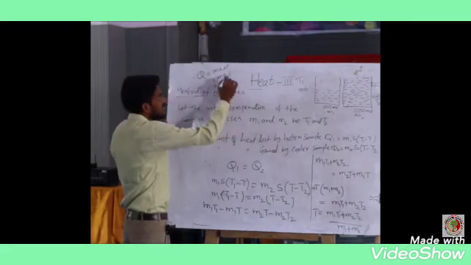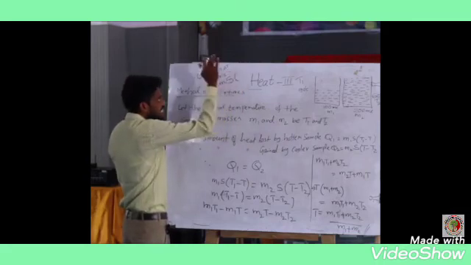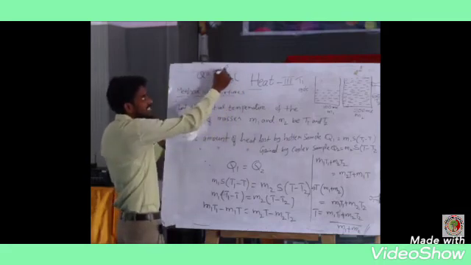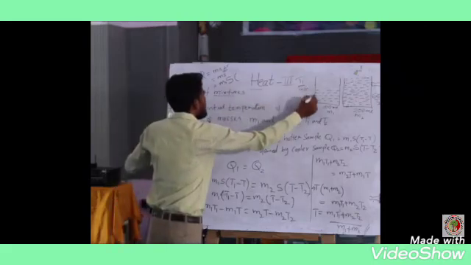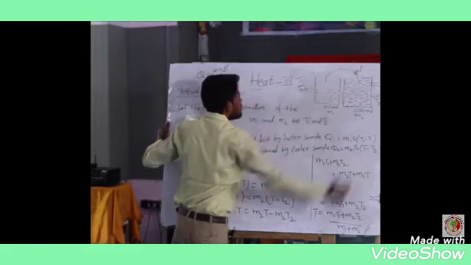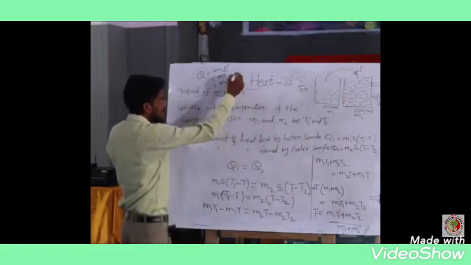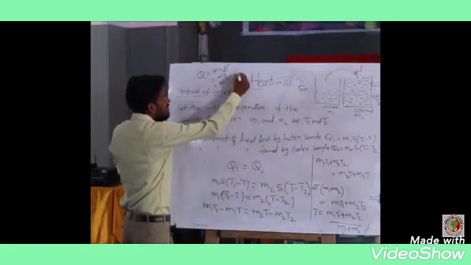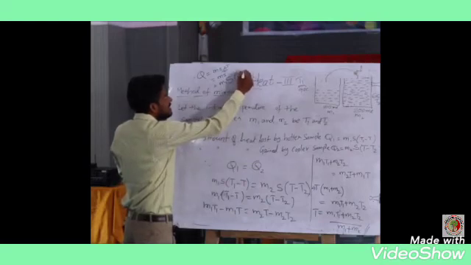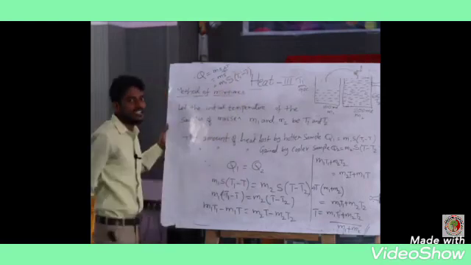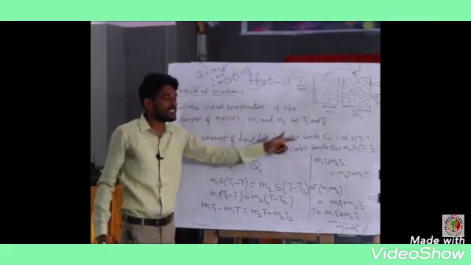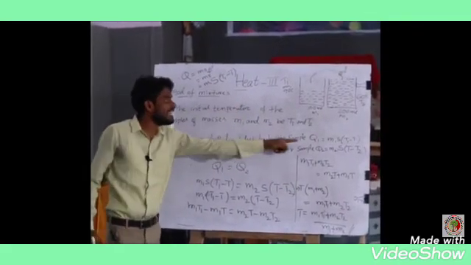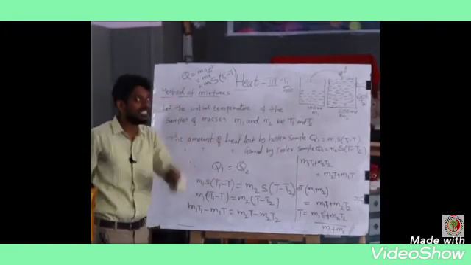What about the temperature change? Which is the highest temperature if you compare the first beaker to the second beaker? 90. That means T1 minus T. That is how much heat is lost by the hotter sample: M1 S times T1 minus T, where T1 minus T is the temperature change.